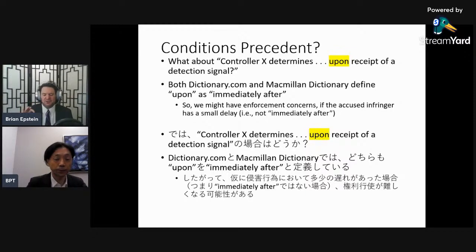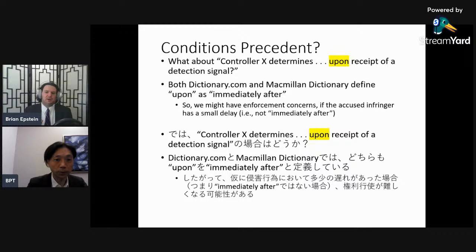The accused infringer's controller performs a small subroutine before making the determination, or maybe it just waits 2 cycles to make sure that there's no subsequent follow-up from the detection signal. Whatever it is, it's not immediately after. And so therefore, if we have this narrow definition of "upon," of suruto, then that's not a useful claim for our applicants.